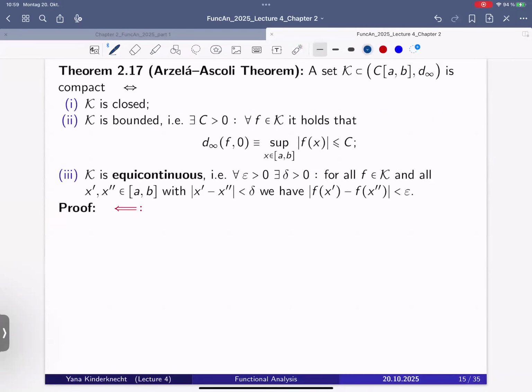So now take any x in [a, b]. Then there exists k from 1 till n such that this x belongs to one of the segments of the partition.